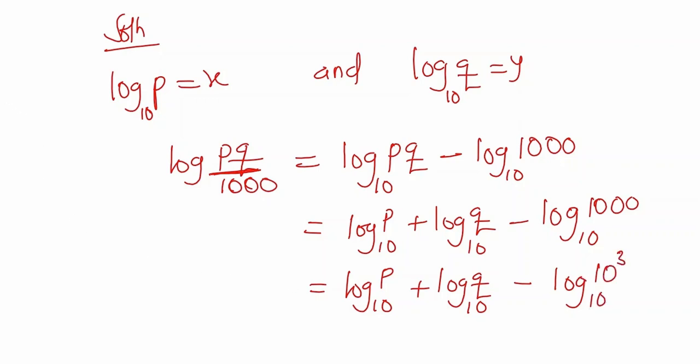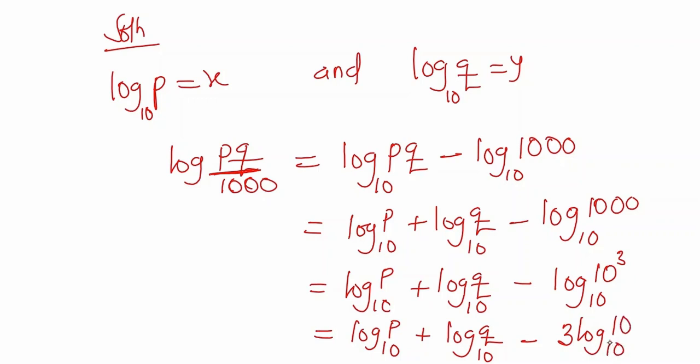Now before we substitute the values of p and q, we can also maintain it and work on log 10 exponent 3 base 10. So that is log p base 10 plus log q base 10 minus, now at this point we can see that log of 10 exponent 3 base 10 can be written as 3 log 10 base 10 by applying the power rule or the power law.